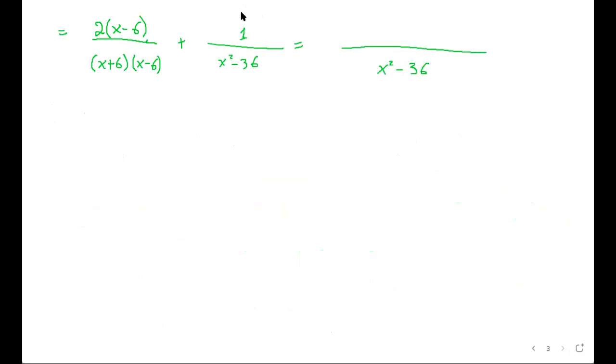Now I just distribute the 2 inside the parentheses. What is the answer? Who will help me with that? 2x times minus 12, 2x minus 12. And here I have 1 plus 1.